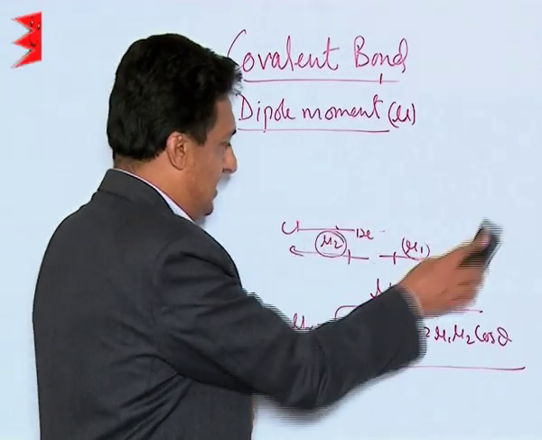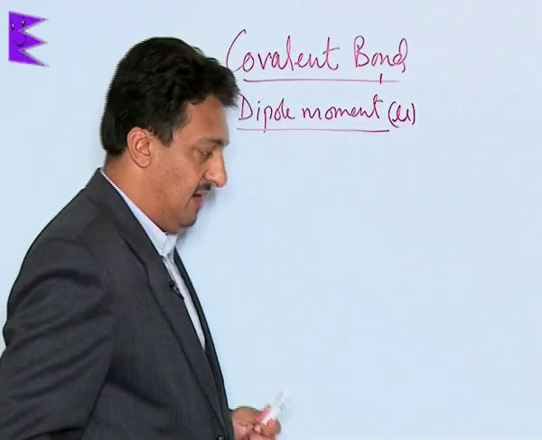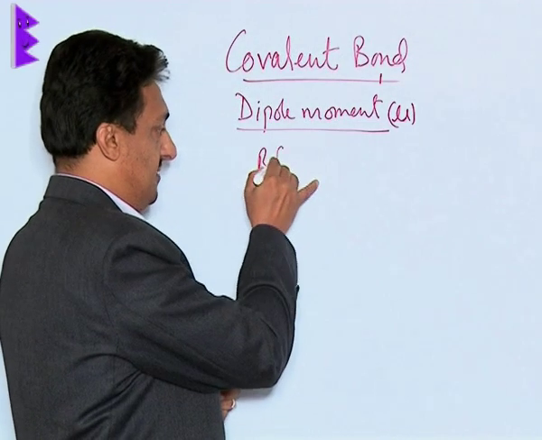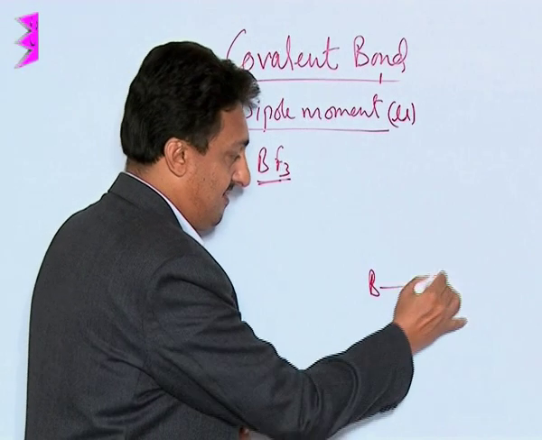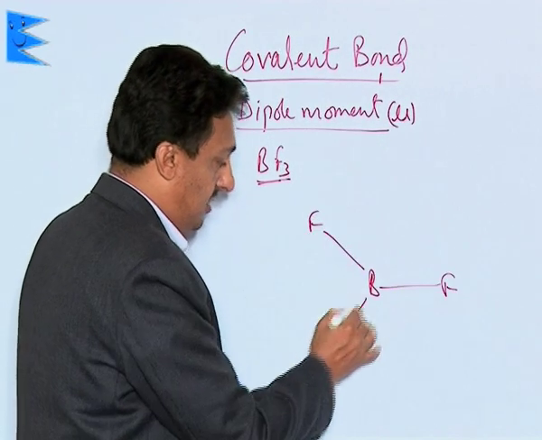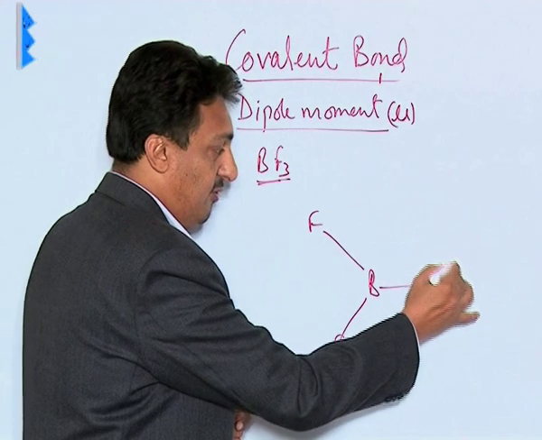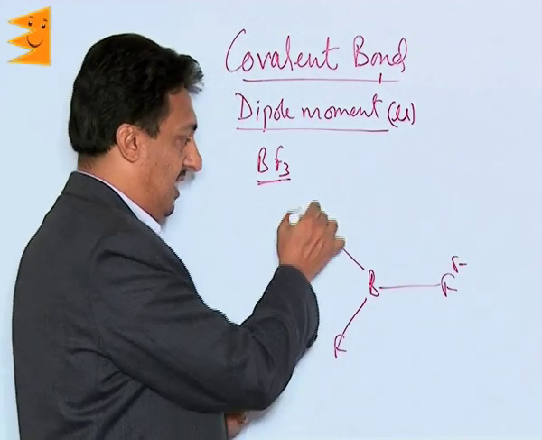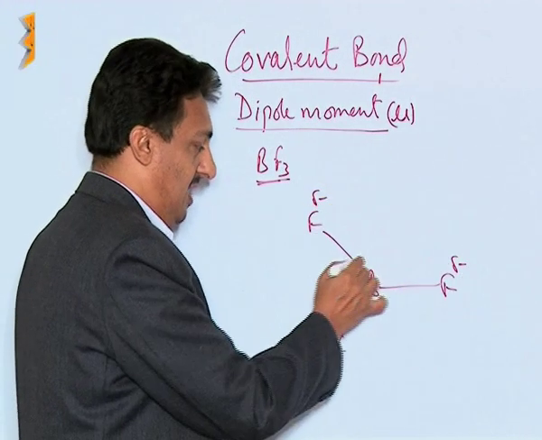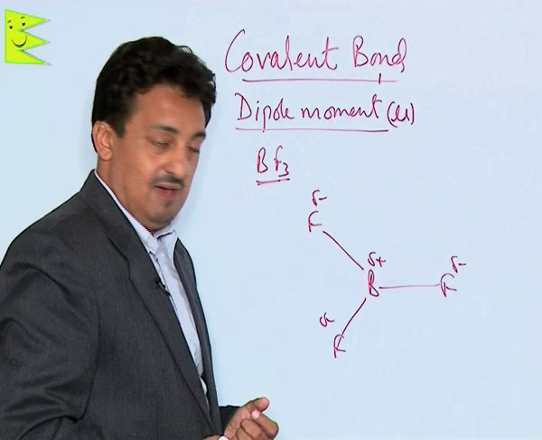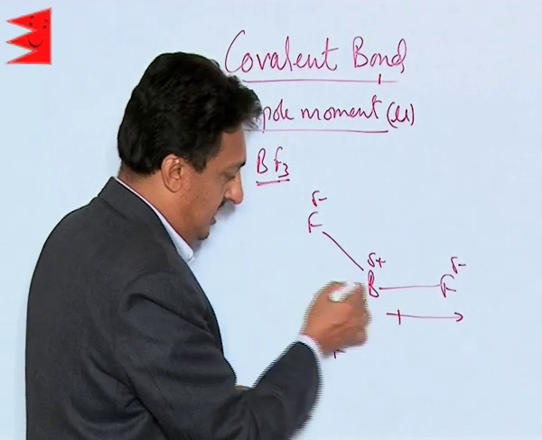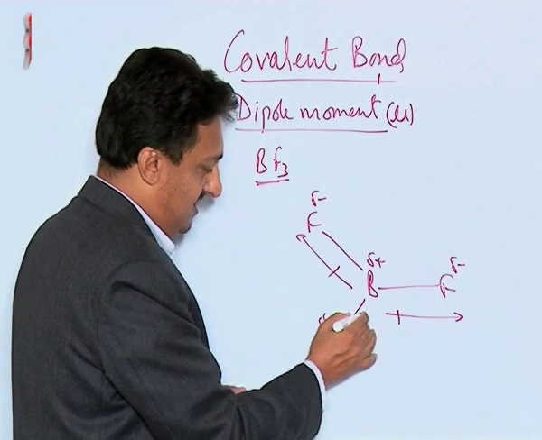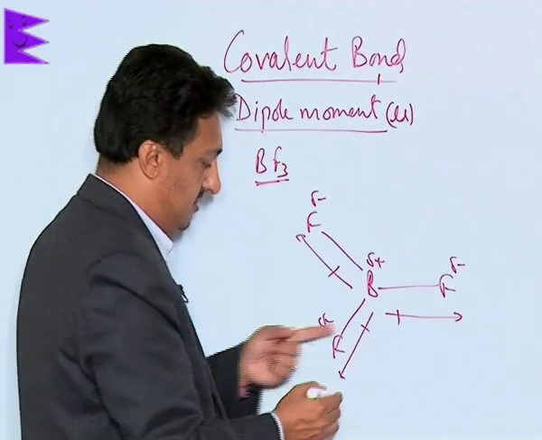Let us take some other examples, like boron trifluoride. Boron trifluoride has a trigonal planar structure. In this structure, each fluorine is more electronegative than boron, so it will have a partial negative charge. Boron will have a partial positive charge. The dipole moment of each bond is towards its fluorine.